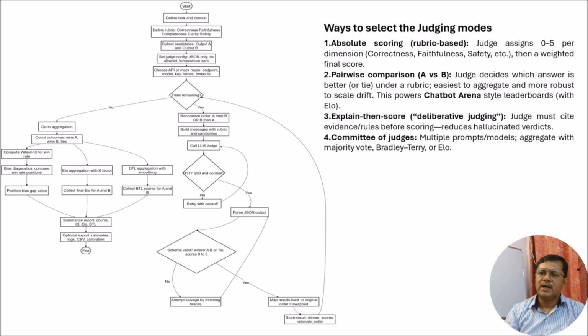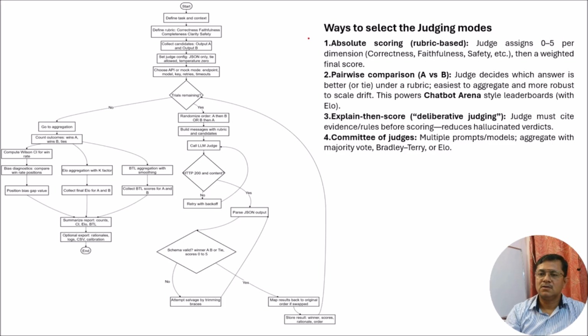Also, we try to utilize some mathematical models to get more in-depth information about the judgment. And the goal of such evaluation is to get a very similar evaluation score to what we used to get through human evaluation. So this is the main goal.